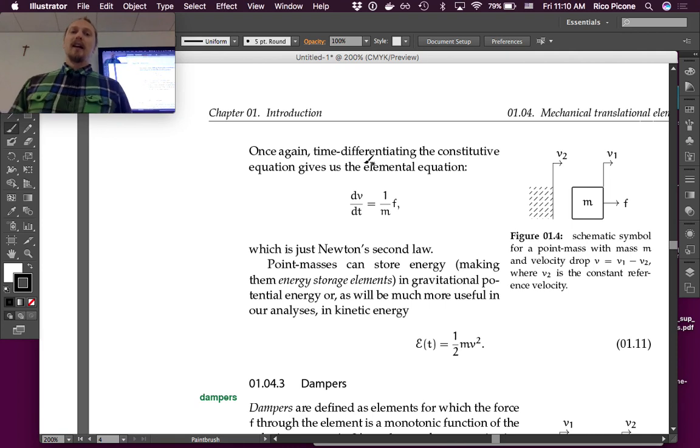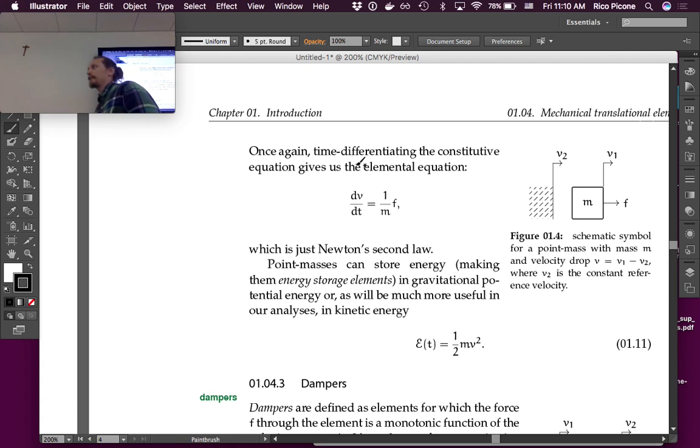So once again, time differentiating the constitutive equation gives us the elemental equation. The time rate of change of the velocity, we just leave as is because we want to write our elemental equation in terms of our power flow variables, right? What's one of our power flow variables for a translational mechanical system?